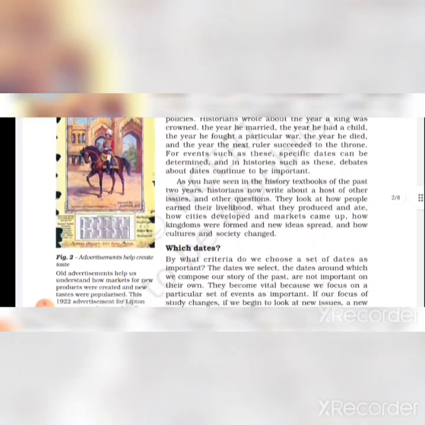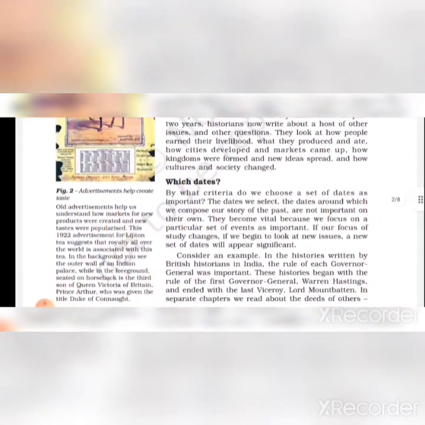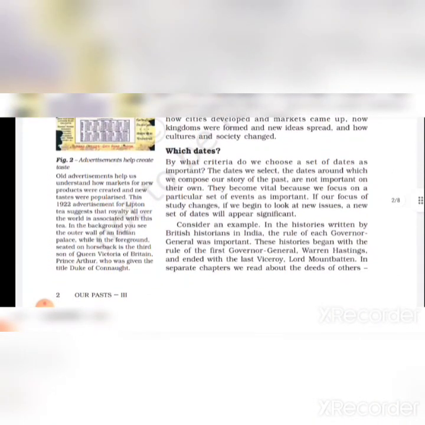Look at Figure 2. Advertisements help create taste. Advertisements help us understand how markets for new products were created and new tastes were popularized. This 1922 advertisement for Lipton tea suggests that royalty all over the world is associated with this tea.